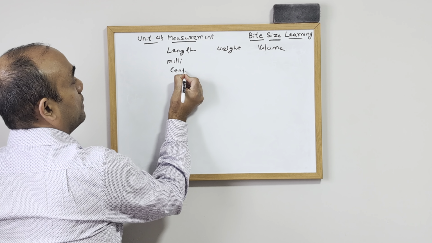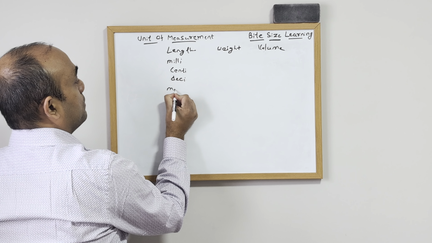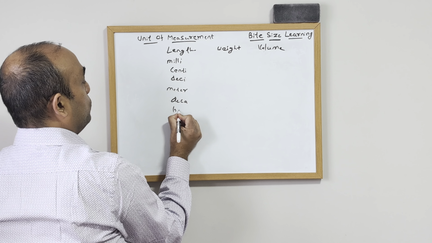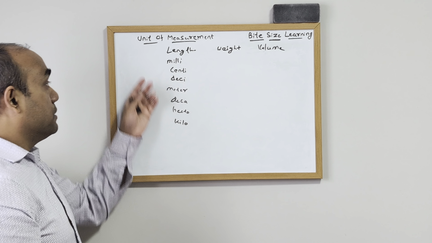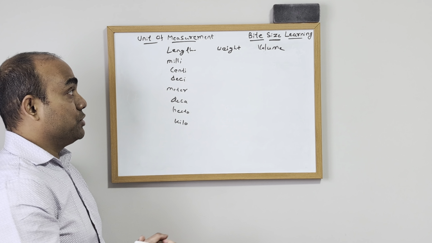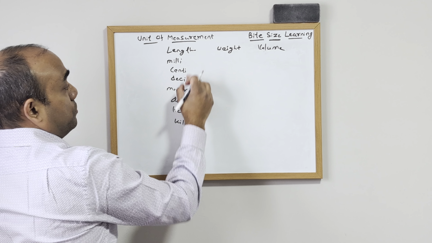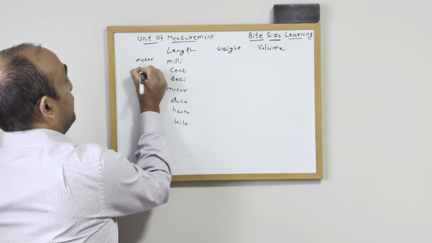centi, deci, meter, deca, hecto, kilo, right? So this is the basic unit of measurement. So when it comes to length, you add a meter at the end.